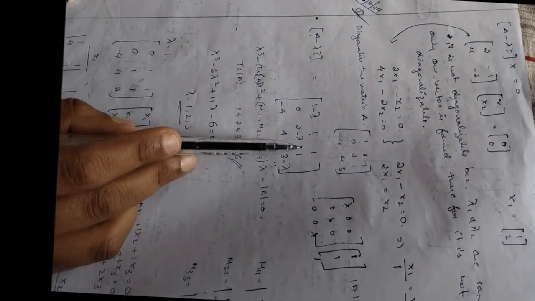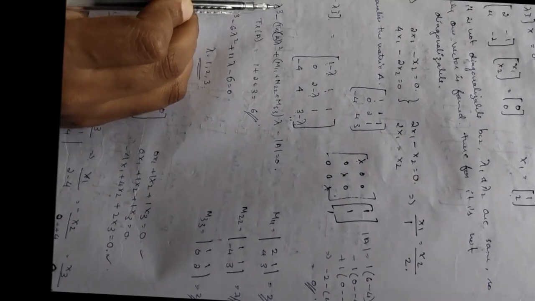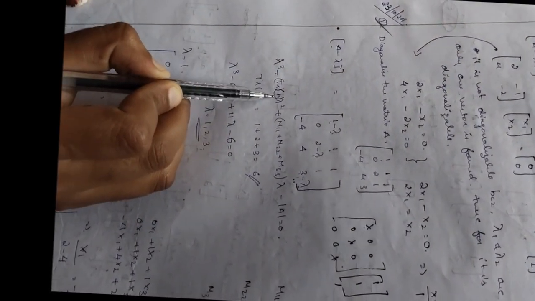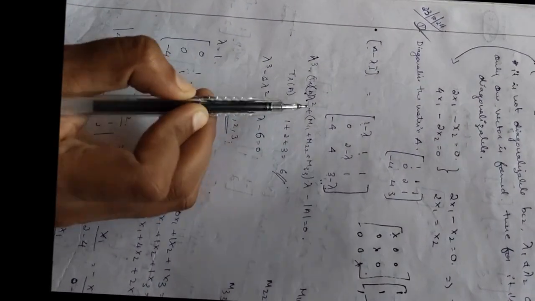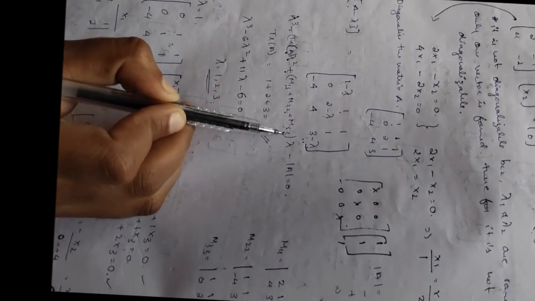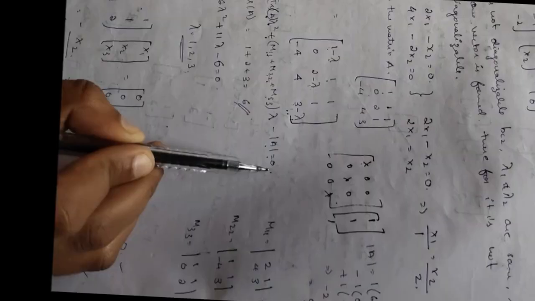Then we have to find the values of lambda. For that we have to do a calculation. The equation is lambda cube minus trace of A lambda square plus (M11 plus M22 plus M33) into lambda minus determinant of A equal to 0.